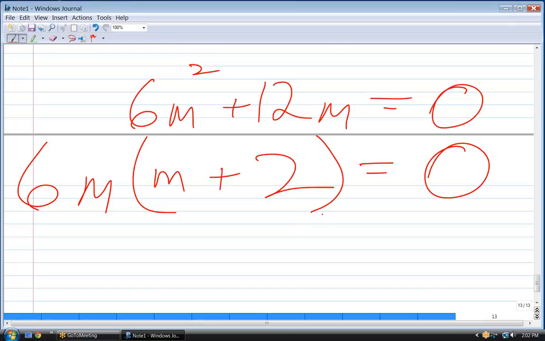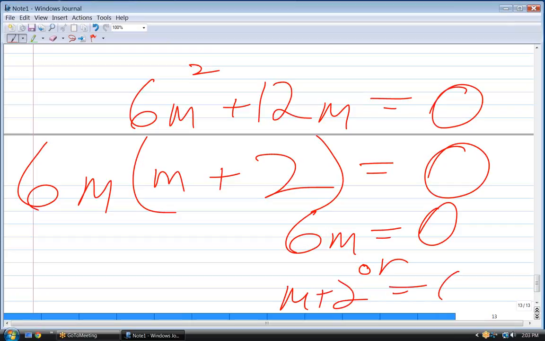Okay, so let's go through the way I like to do it, and I'm going to advise this to you. When you get to this step here, you've got 2 things multiplied together equals 0. So let's take the next step of saying that means 6m equals 0 or m plus 2 equals 0.